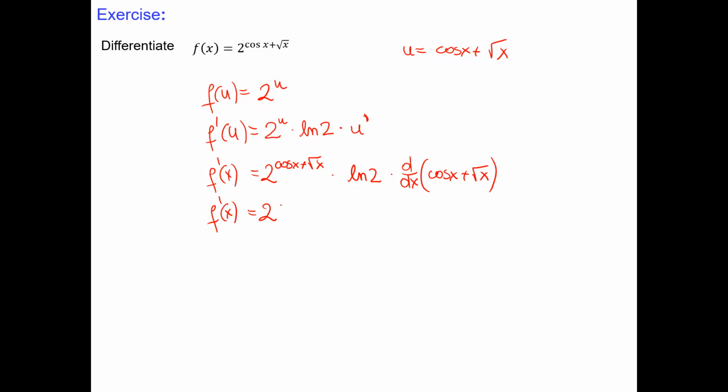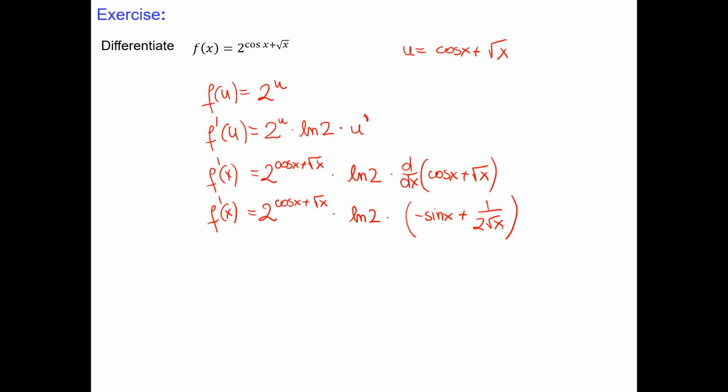The derivative is 2 to the power of cosine of x plus square root of x, ln of 2, it's part of the formula. And now just differentiate. The derivative of cosine is negative sine of x. The derivative of the square root of x, we do remember, is 1 over 2 root x. Beautiful.